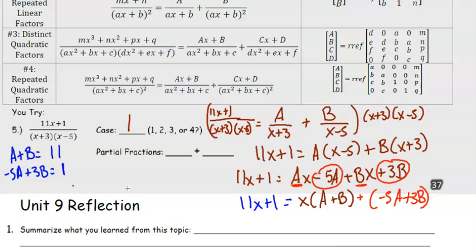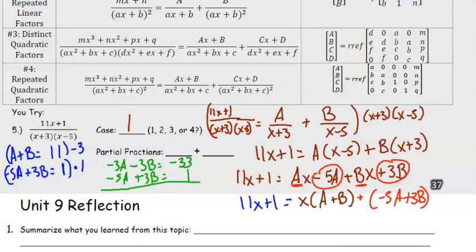So we can use substitution, matrices, or elimination for these. Let's go ahead and use elimination for this one since we haven't done that yet. So we can multiply this top equation by negative 3 and the bottom equation by just 1. So then we get negative 3a minus 3b equals negative 33, and then negative 5a plus 3b equals 1.